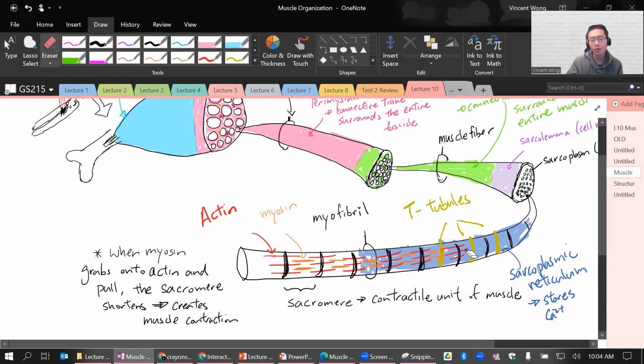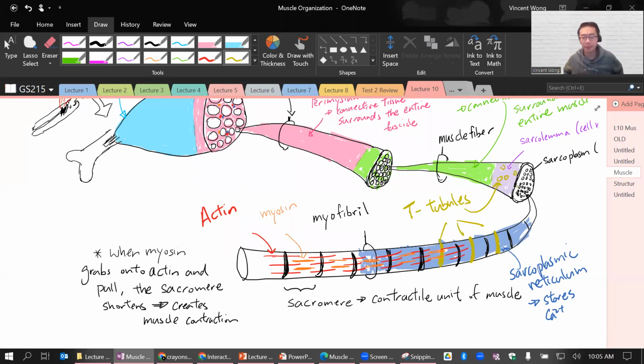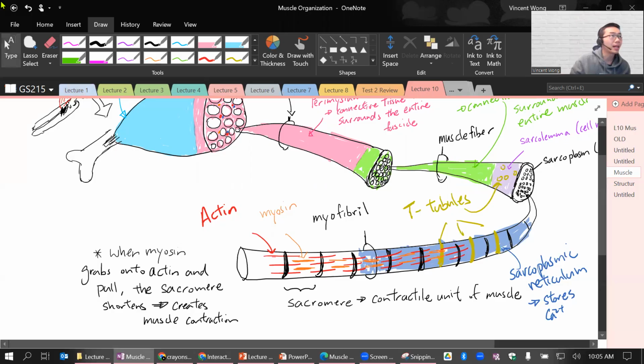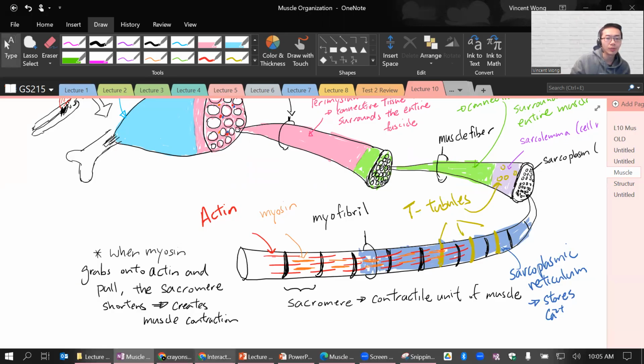The T tubules belong to part of a network that leads all the way to the surface of the sarcolemma, all the way to the surface of the cell, all the way to the cell membrane. If it's not immediately clear how this looks, that's okay. I will go through it with you in a second.